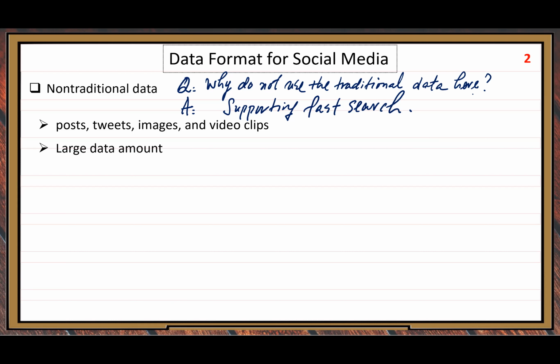Large data amount. So for social media, we can treat the data amount as typically large. Think about searching information in a large amount of data. Performance is very important, right? With a large amount, usually your search may not be very fast.